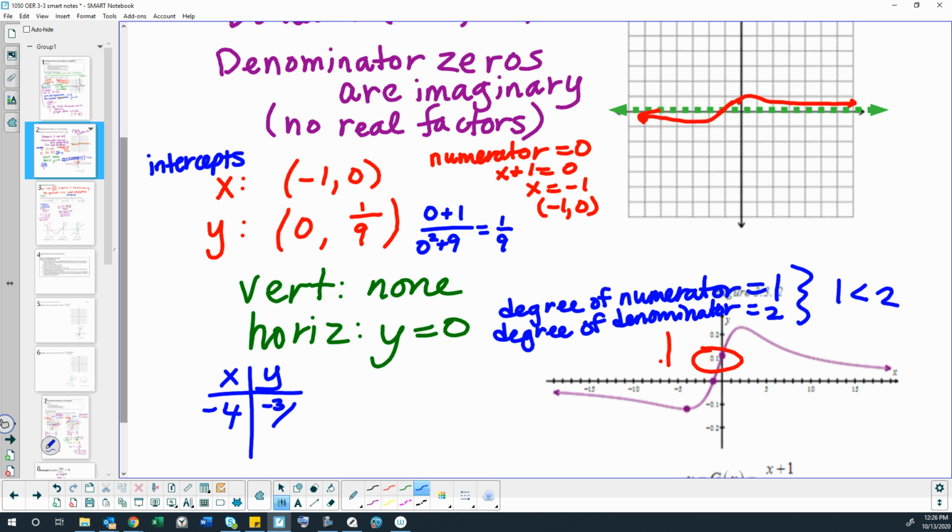I doubt you'd ever do anything like this on a test, right? But it is kind of interesting to see how it looks and how you would plug that in and find those answers, because that would be 16 plus 9, so 25. So -3/25. Anyway, I'm assuming it starts to make our graph curve that way and that way. But those numbers are going to be a challenge to figure out.